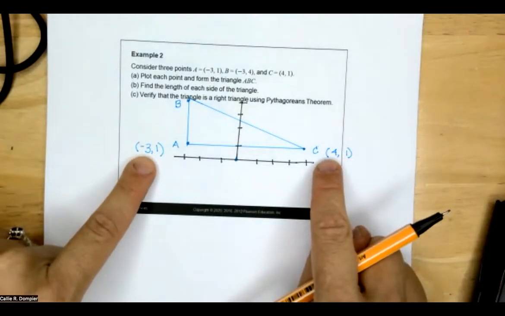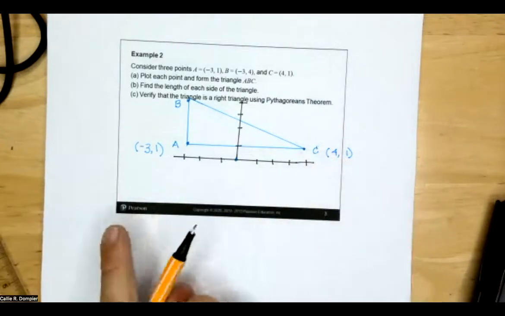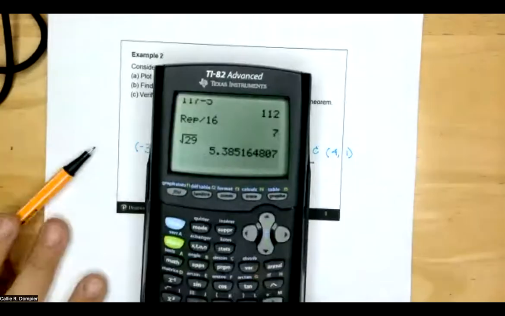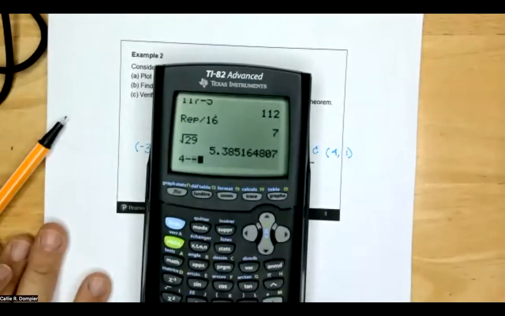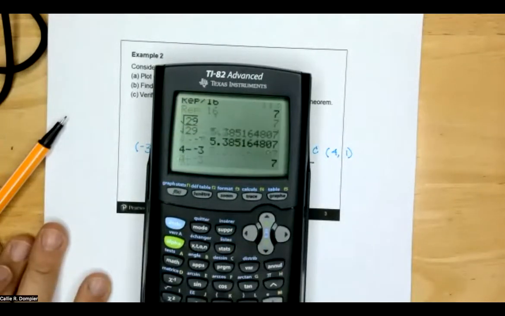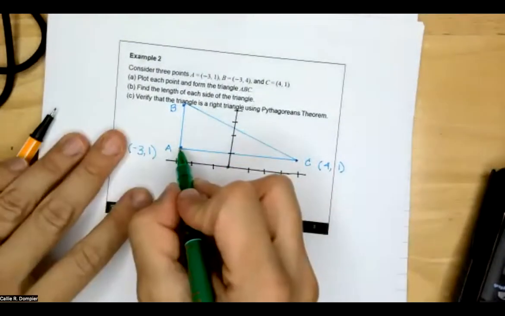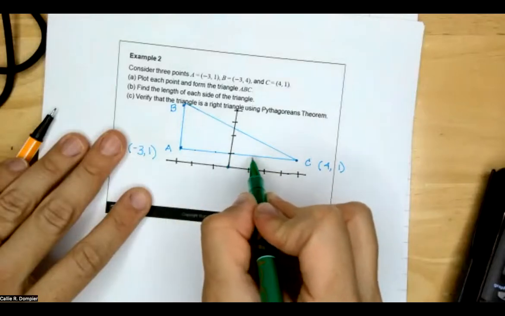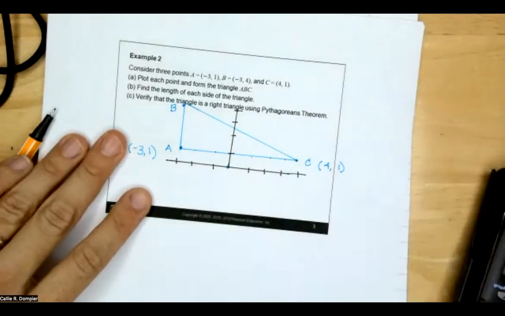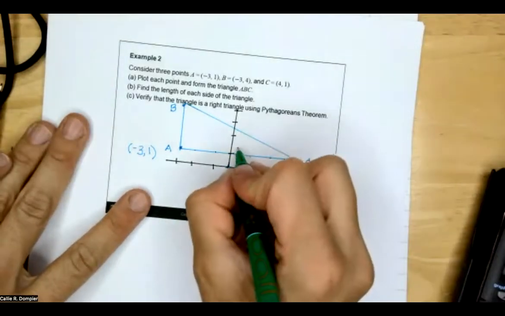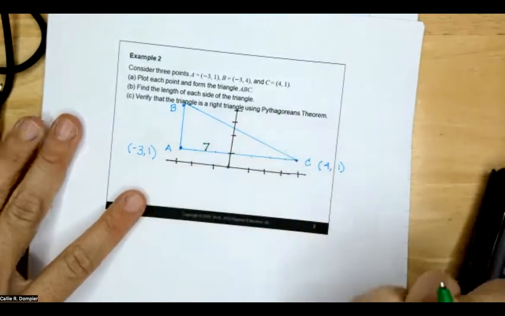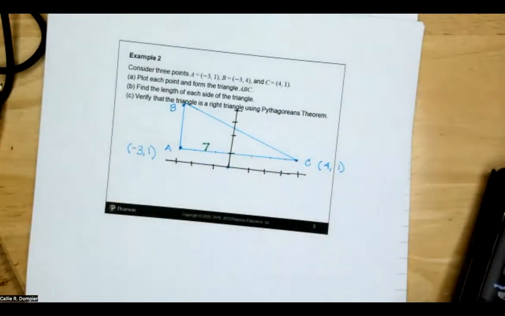The distance between -3 and 4, I can just count, or I can subtract. 4 minus -3 is 7, or I can just count: 1, 2, 3, 4, 5, 6, 7, right? So the length of this side is 7 units.